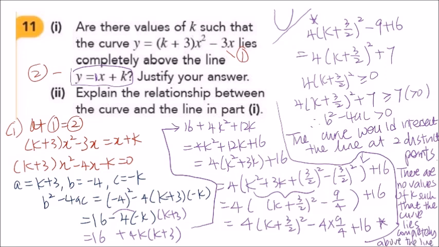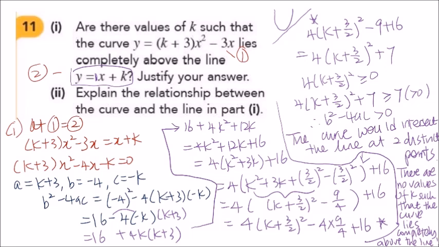Because the end result we're getting is that the value for b squared minus 4ac is a positive value. And the concept involving b squared minus 4ac more than 0 is that we should have 2 real and distinct roots. That means the curve would intersect the line at 2 distinct points. So surely there are no values of k for the curve to be above the line. Right? Okay.